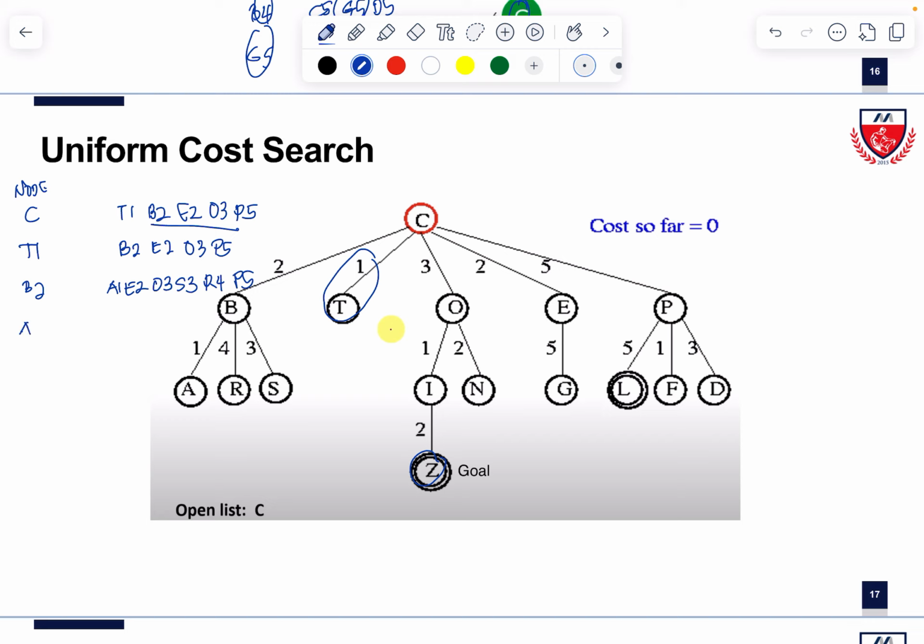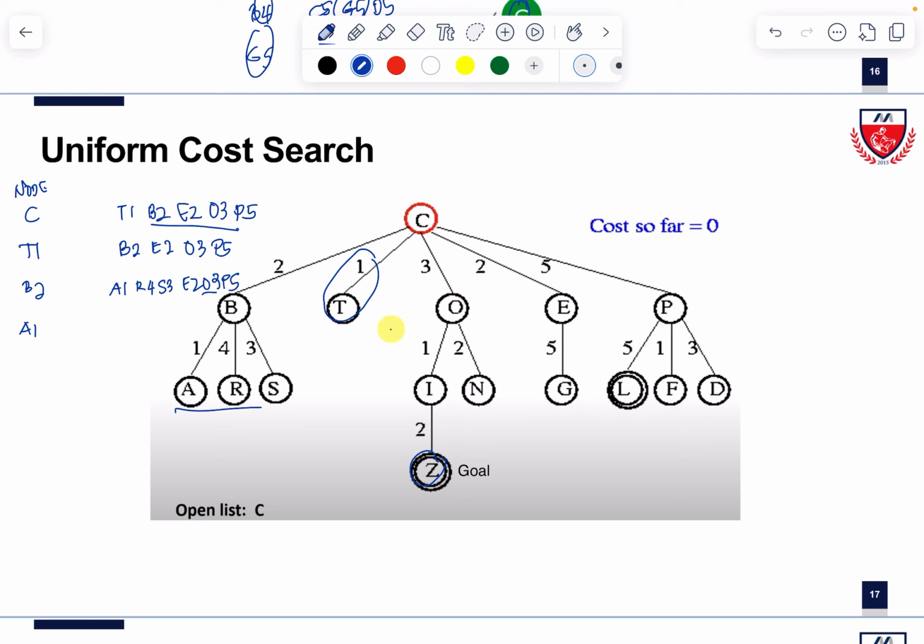So when I visit A1, it has no children. Let's first write this again. Sorry. So that is B2, we have A1, R4, S3, then E2, O3, P5.